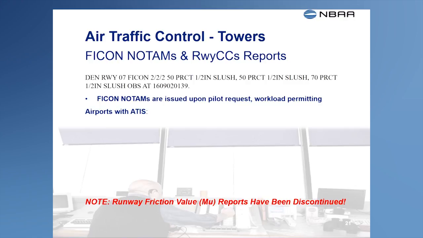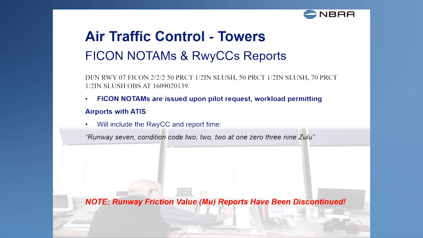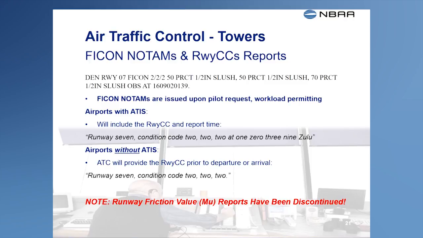At airports with an ATIS, the current runway condition codes are transmitted in the current broadcast. At airports without an ATIS broadcast, the controller will furnish the current code to the aircraft prior to departure or arrival. ATC is required to transmit updated runway condition codes to pilots and to update the current ATIS broadcast as soon as possible after they are received.